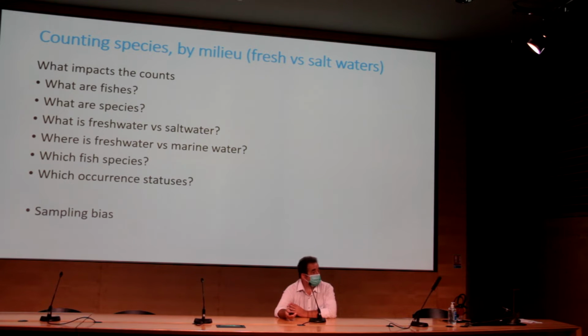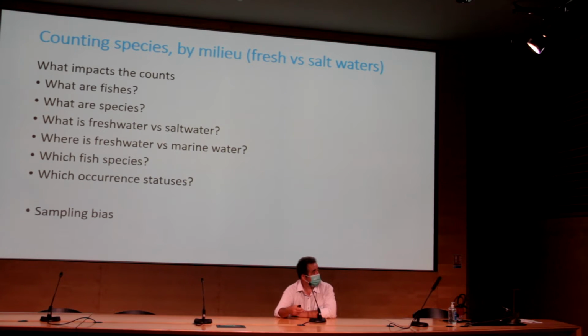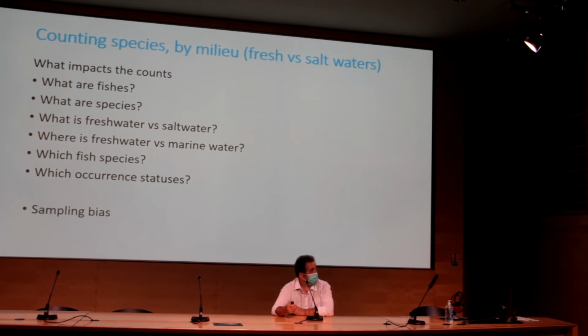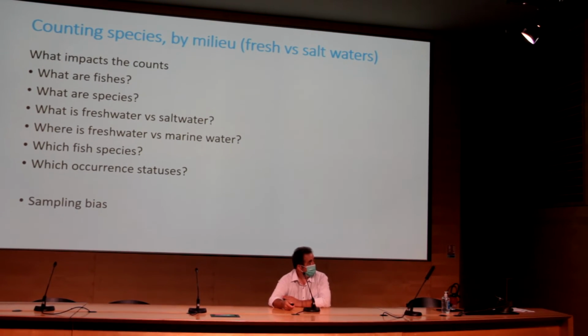Which fish species? Some people give numbers for a certain domain, not for all species, so we have to take care. And if we want to give numbers by geographic area, you have to define the occurrence status of each species that you have in your count.